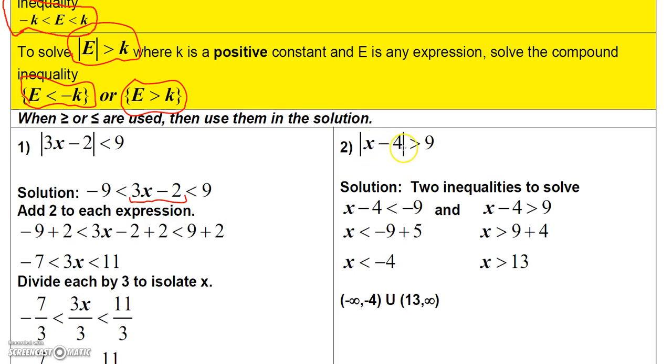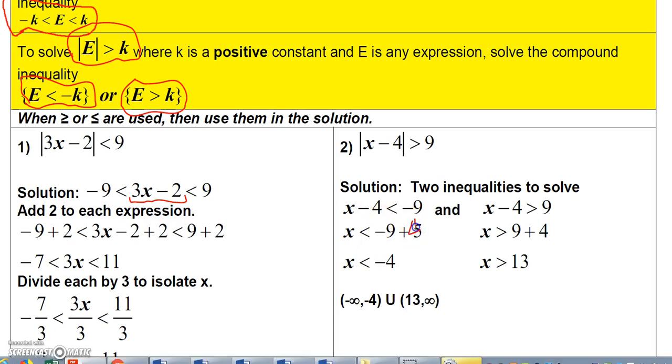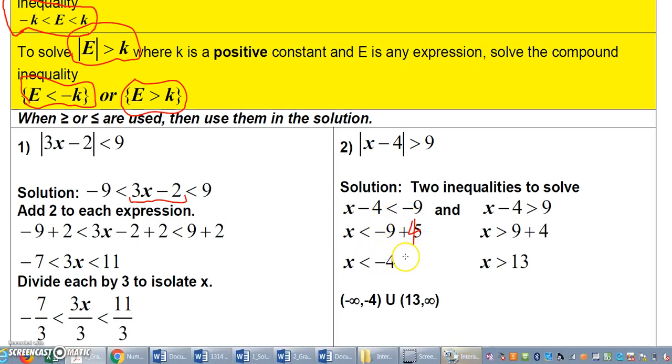So I lose the absolute value and just write x minus 4 is less than negative the constant. So x minus 4 is less than negative 9. And then the other inequality I'm going to solve is x minus 4 is greater than positive 9. I have to solve both of these inequalities and then take the union of those two. So here I'm going to add 4 to both sides. So if you add 4, not 5.